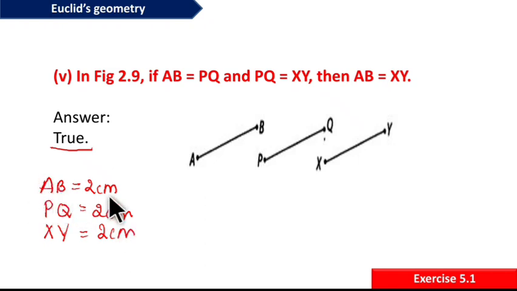AB equal to PQ, so both are 2 centimeter, and PQ is equal to XY, so both are 2 centimeter. Then AB is equal to XY. Yes, AB is equal to XY. Or using axiom 1 we can write that things which are equal to the same thing are equal to one another.